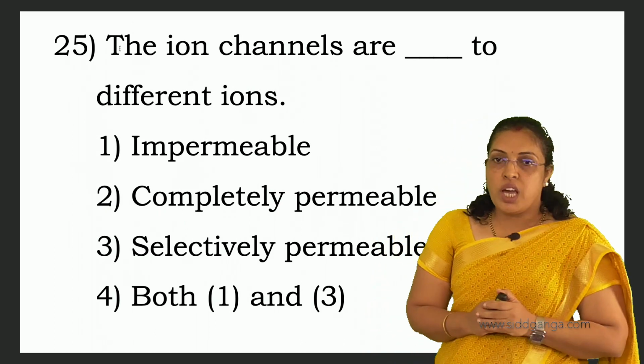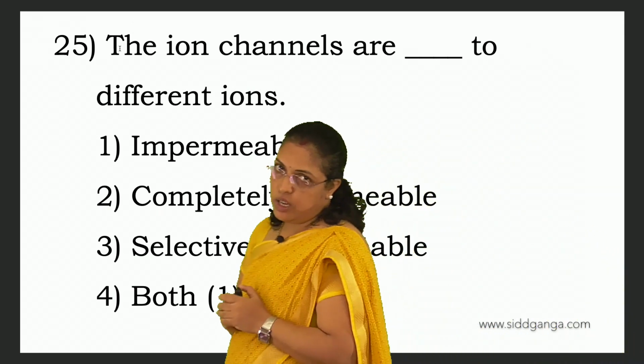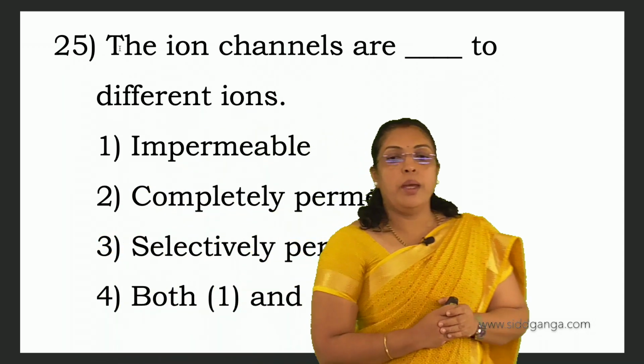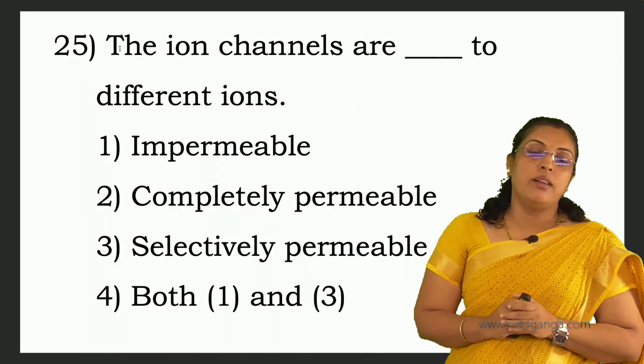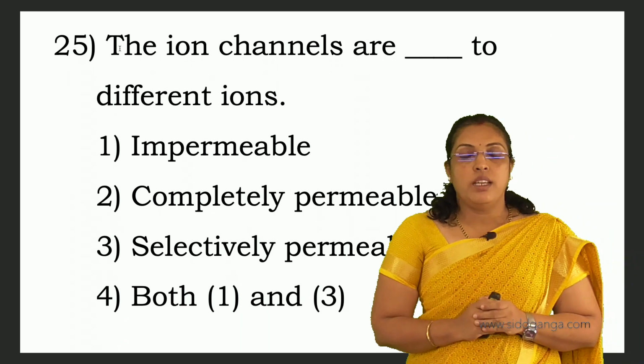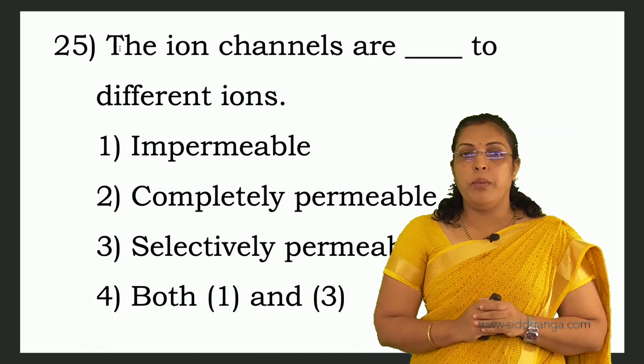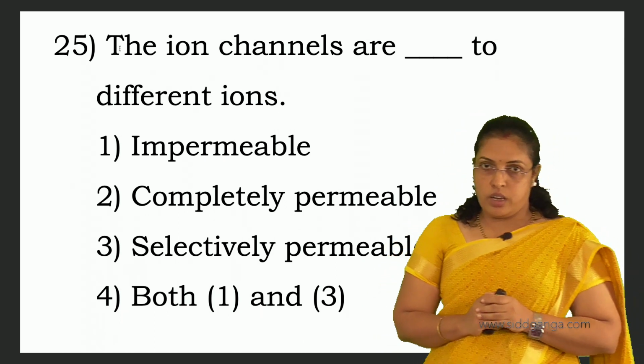The ion channels are, impermeable, completely permeable, selectively permeable, both 1 and 3, to different ions. So, the ion channels are selectively permeable to different ions.